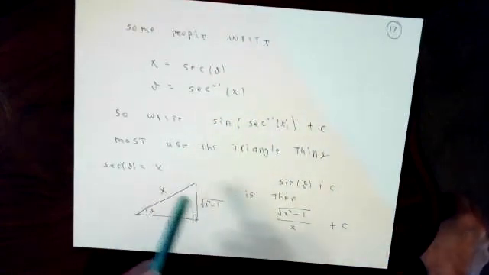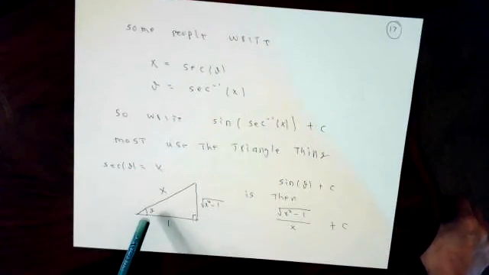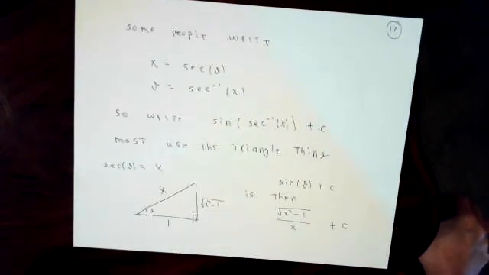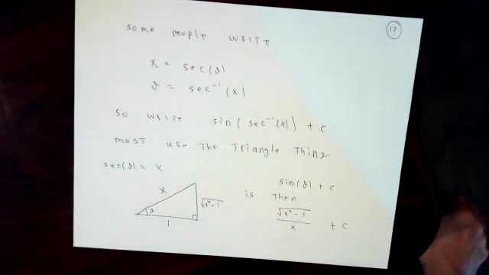Draw a triangle, a right triangle, and call one of its angles theta. What we know is that the secant of theta is supposed to be x. If I were doing cosine, I would have adjacent divided by hypotenuse.